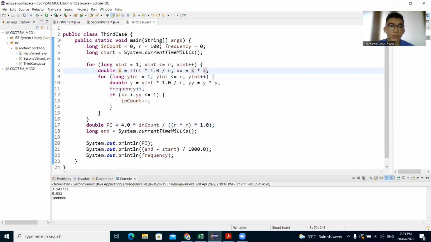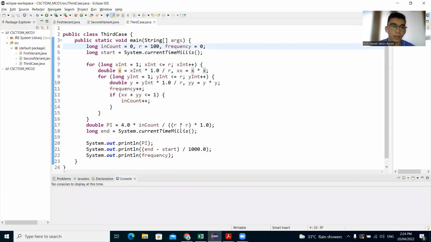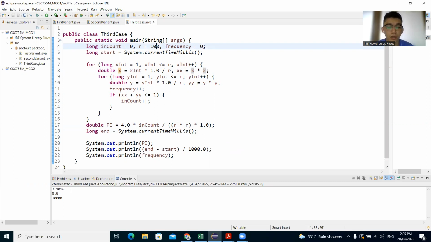Okay, so let's start with r equals 100. As r becomes 100, the value is 3.1016, and the difference is approximately 0.2399. The frequency count is also the square of the value of r.